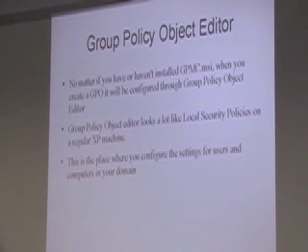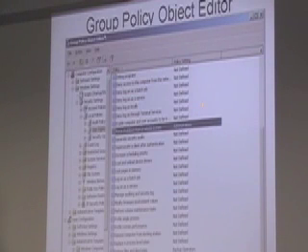Now, both methods, using regular Active Directory Users and Computers and the Group Policy Management Console, use the Group Policy Object Editor. If you've ever played around on your home computer and got into something called local security policies, you'll notice that the Group Policy Object Editor looks very similar to that. There are a few extra objects for controlling domain functions, but other than that, it's basically the same. Here's a screenshot of it.